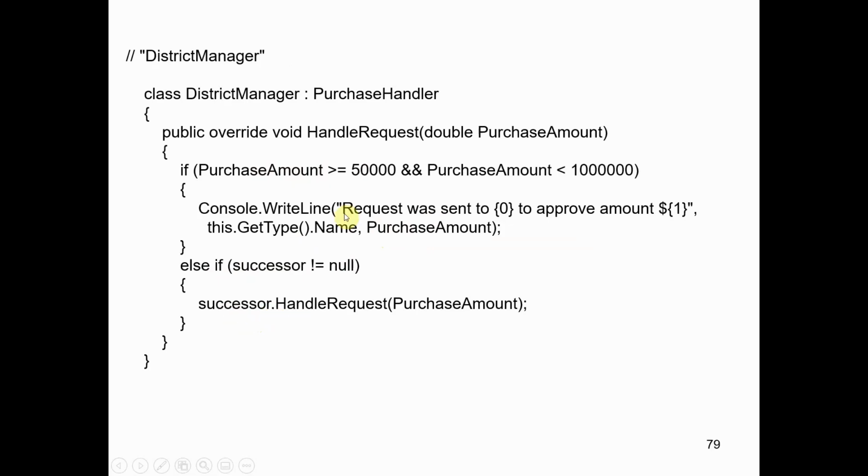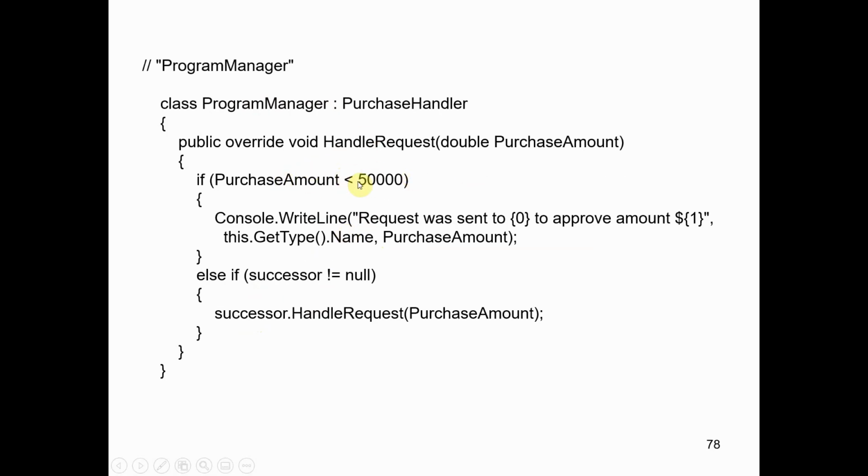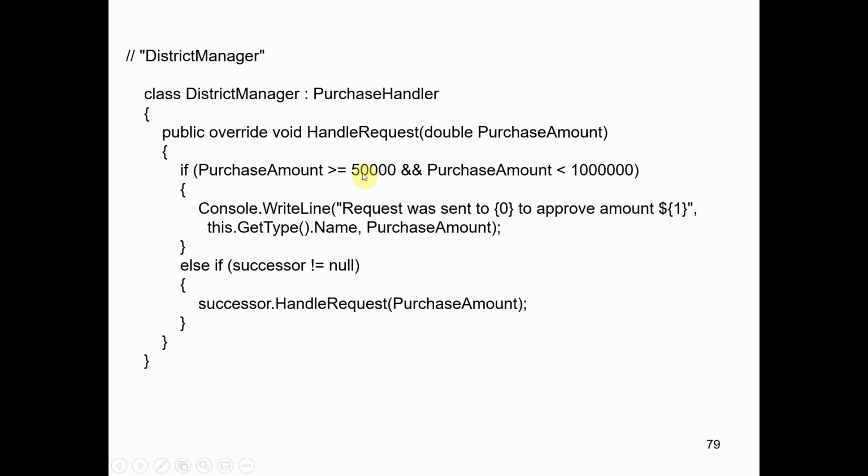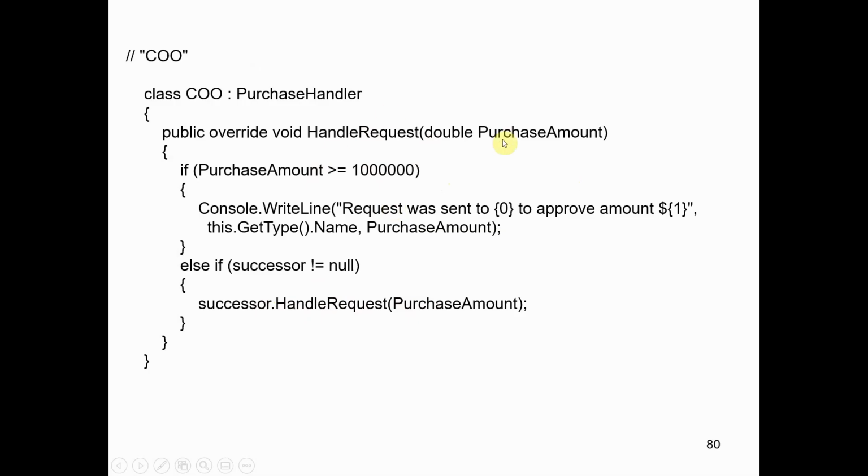Similarly for the district manager, all the code is the same, except the first if statement. The first if statement here is less than 5,000, and this if statement is for more than 50,000 but less than 1 million, and otherwise it forwards to the next successor. The last one is the COO, of course, for more than 1 million, and then it will handle it. If the if statement isn't satisfied, it also checks for a successor.